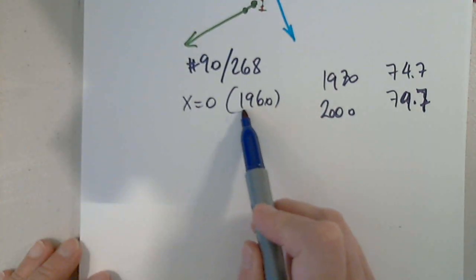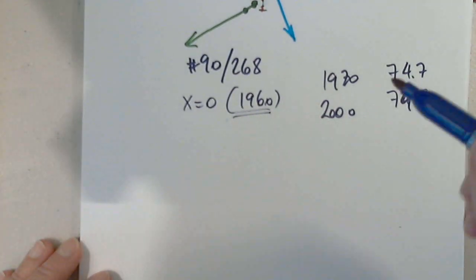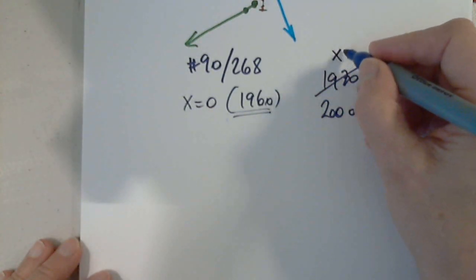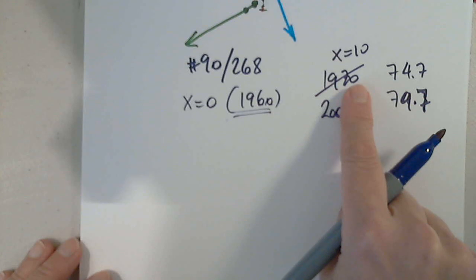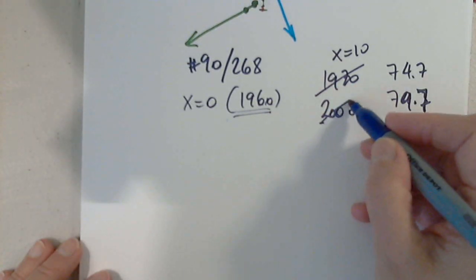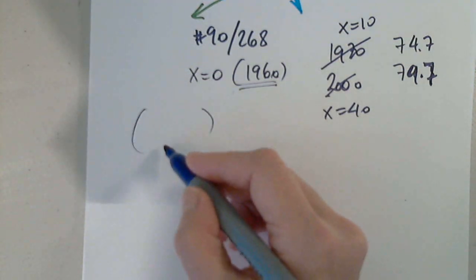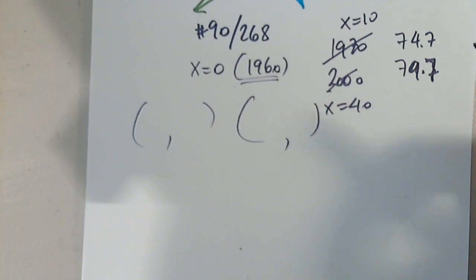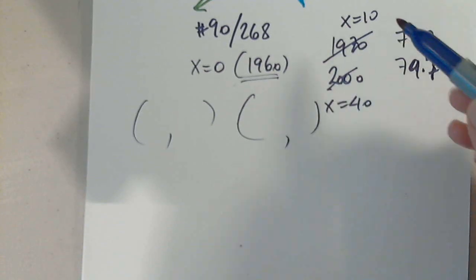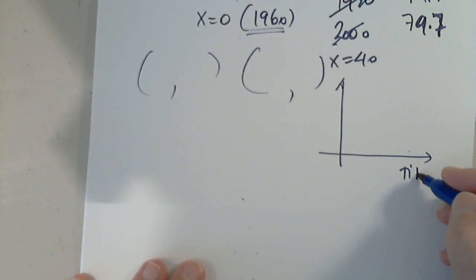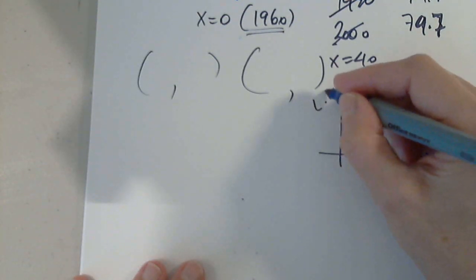Since we're talking about 1960 being x equals 0, we're not going to use the name of a year in an equation. We're going to replace it by 10, because it's 10 years later. For 2000, we're going to replace this by x equals 40. So therefore, we are given two ordered pairs. Also this is very important to mention, X is time and Y is life expectancy.